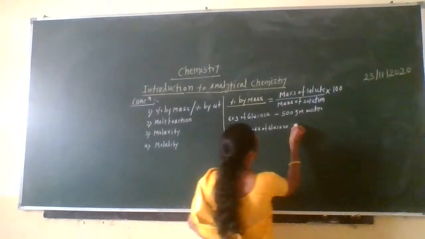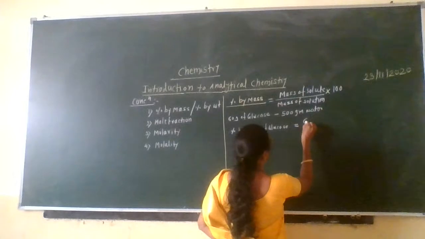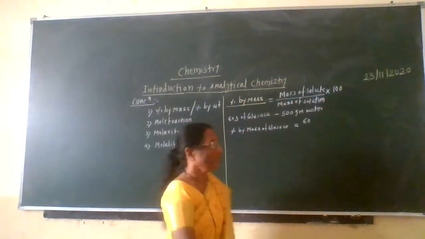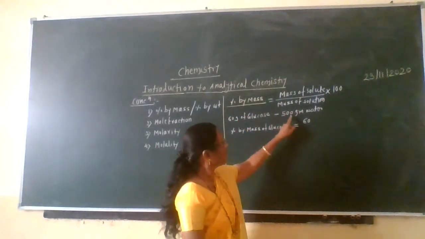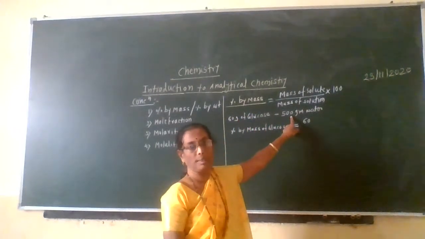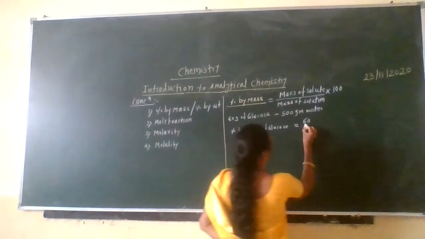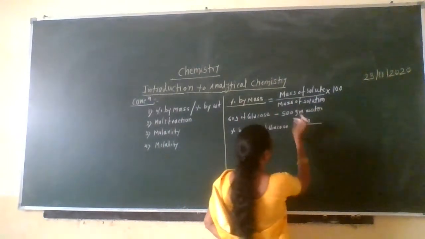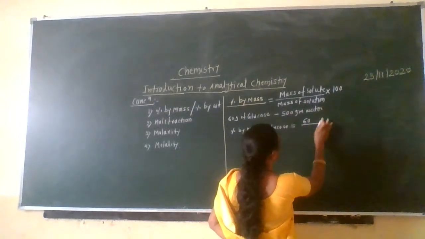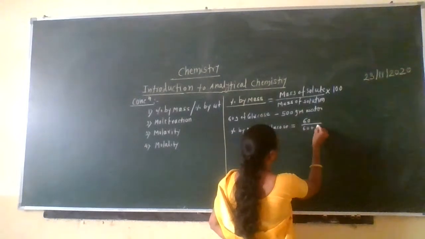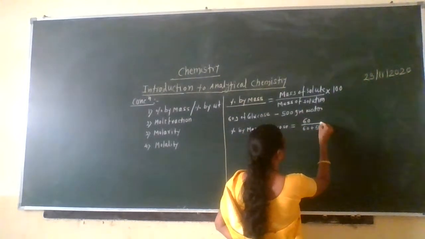Here, 60 is the mass of the solute. And mass of solute plus mass of solvent is nothing but the mass of the solution. That means 60 divided by 60 plus 500.